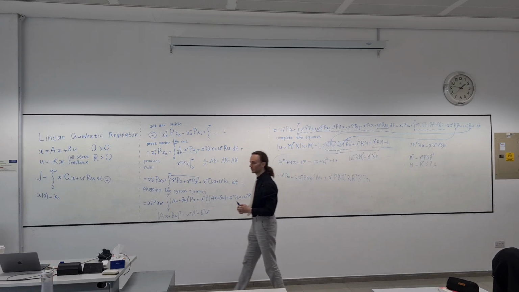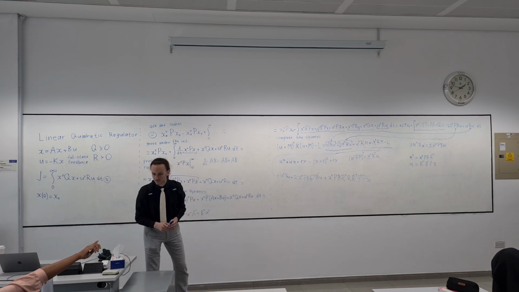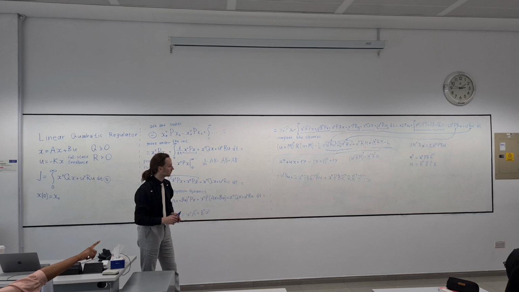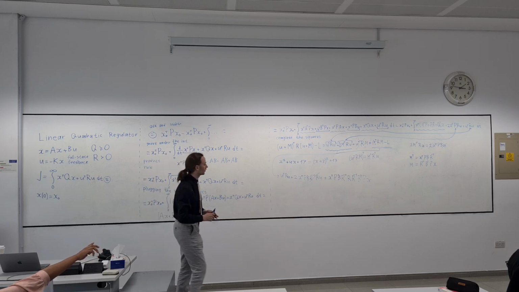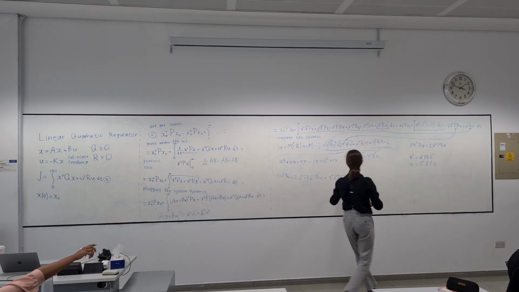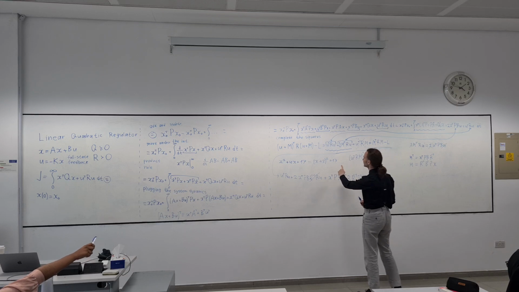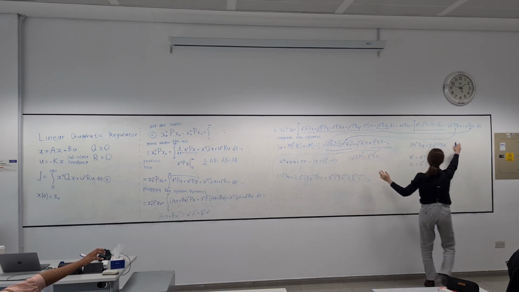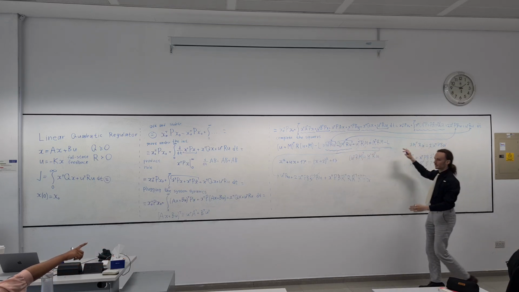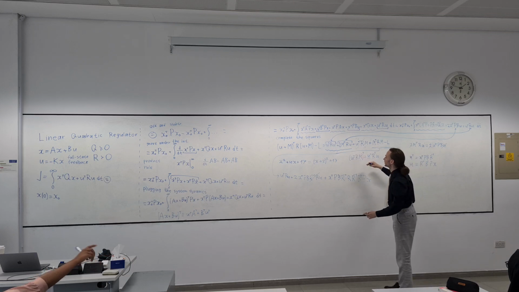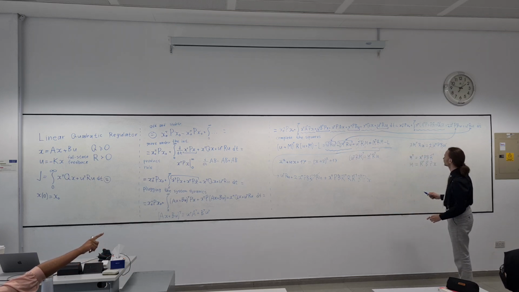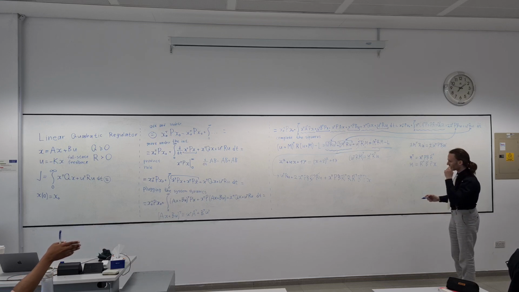In completing the square, we found the U transpose R U and the two M transpose R U. This just corresponds to the last term over here.